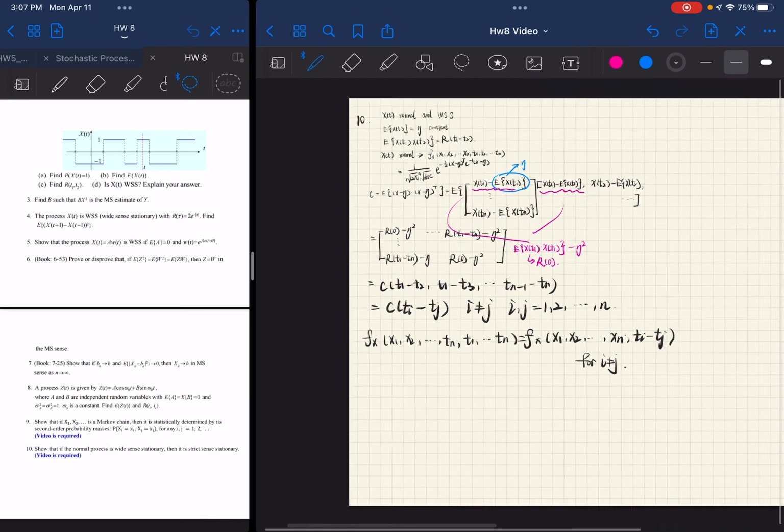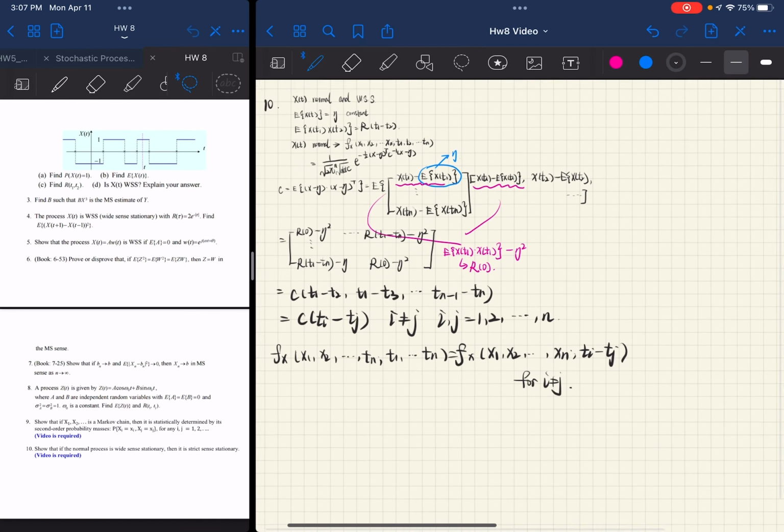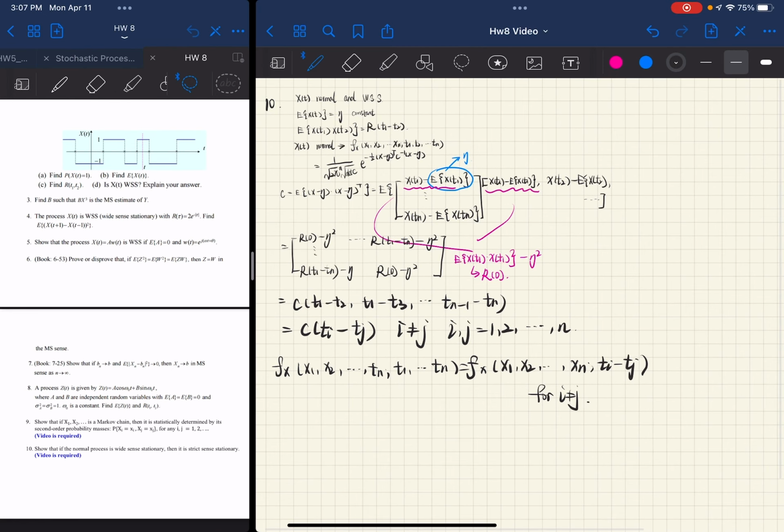And if we would like to prove that X(t) is a strict-sense stationary process, we need to show that this equation equals the time-shifted one by an arbitrary value eta.